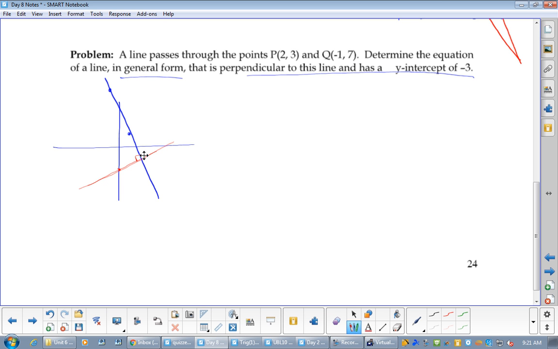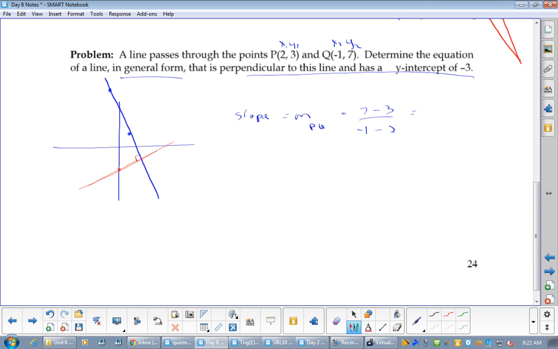And I know the negative reciprocal slope and the y-intercept, that's y equals mx plus b. And then I can change it to general form after that. So the first thing we want to do is find the slope, which equals m, of PQ. Now remember x1, y1, x2, y2. So y2 minus y1 over x2 minus x1.